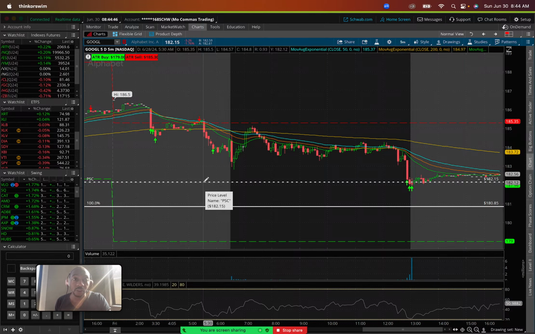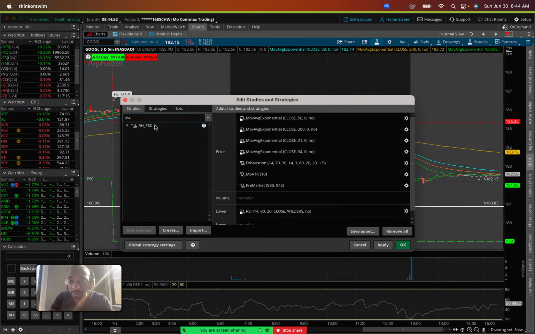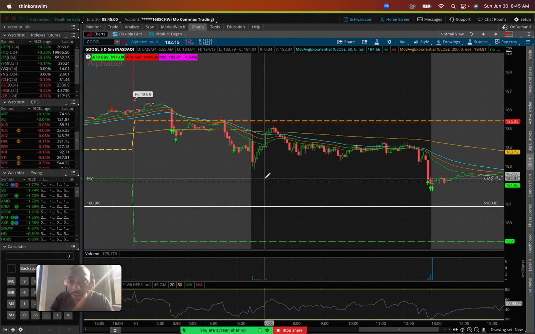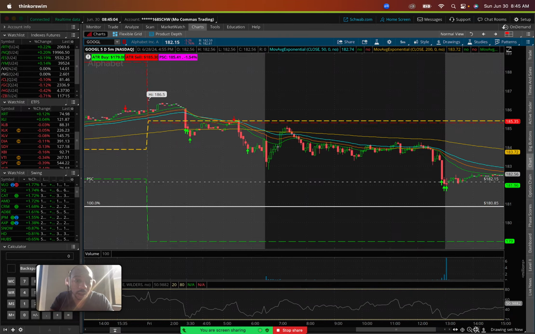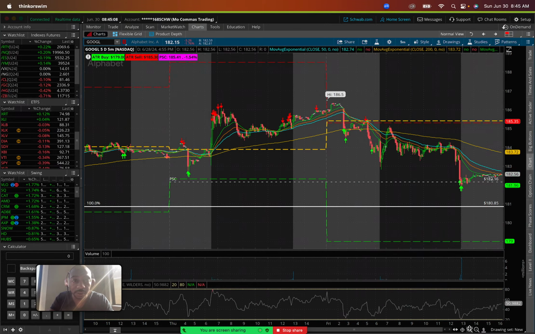you could also buy an indicator. Through my class, we have an indicator for the previous session close, where if I put that on my chart, wait, why is that there? Oh, it's because the new date hasn't set.